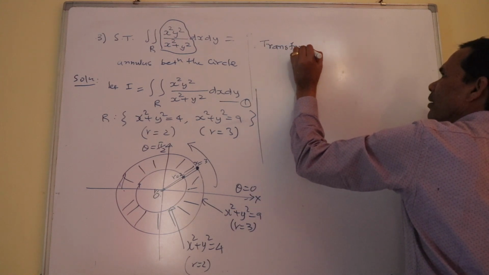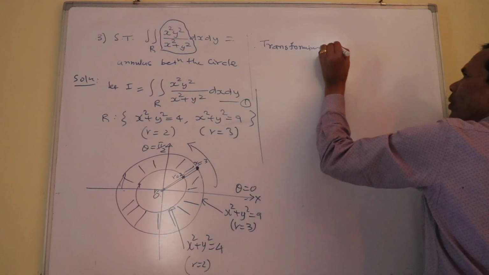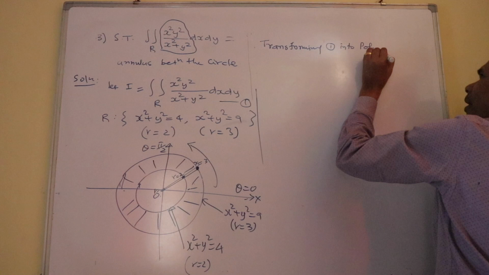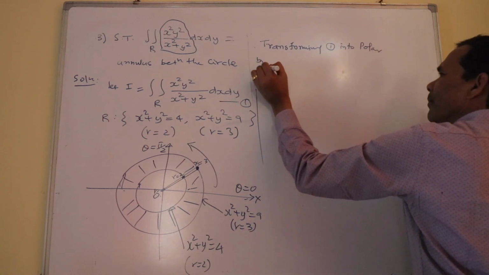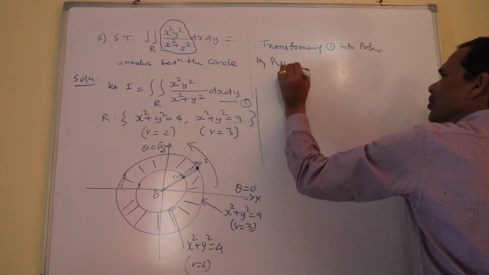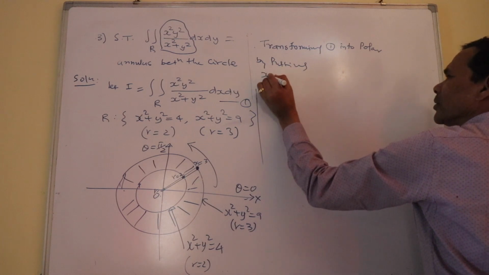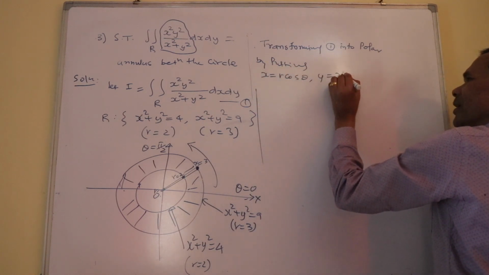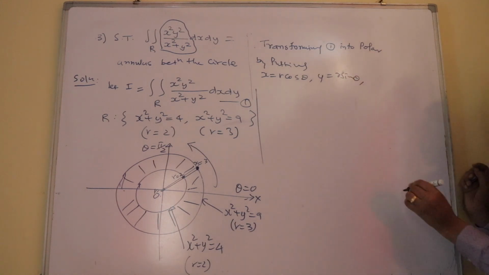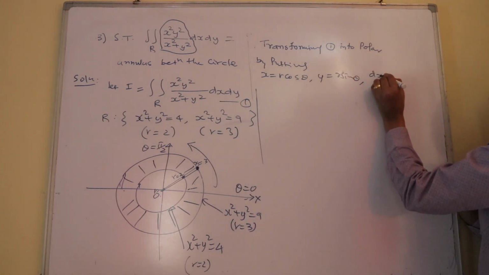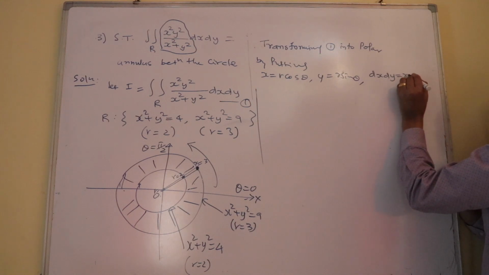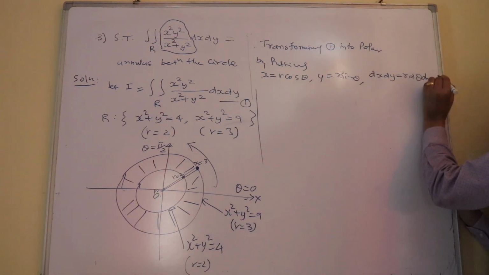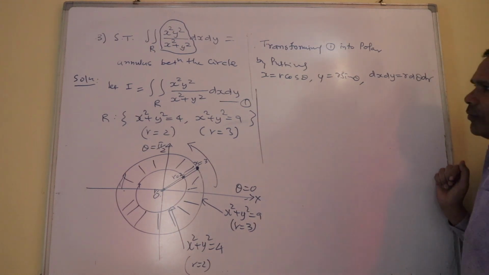So transforming the double integral 1 into polar coordinates by putting x is equal to r cos theta, y is equal to r sin theta as usual, dx dy is equal to r d theta dr. So what happens here?